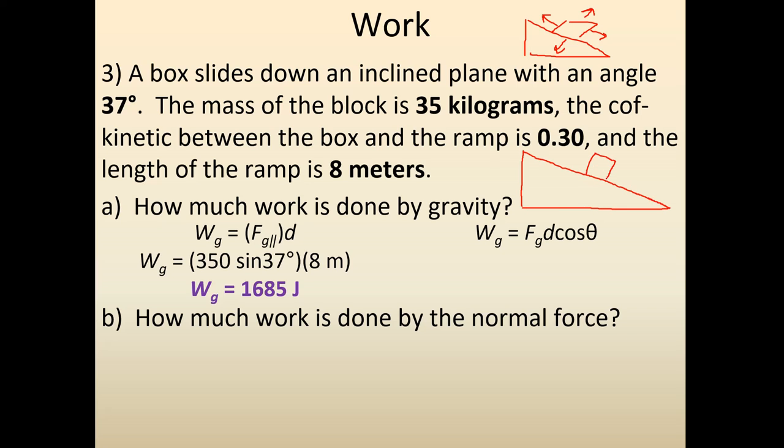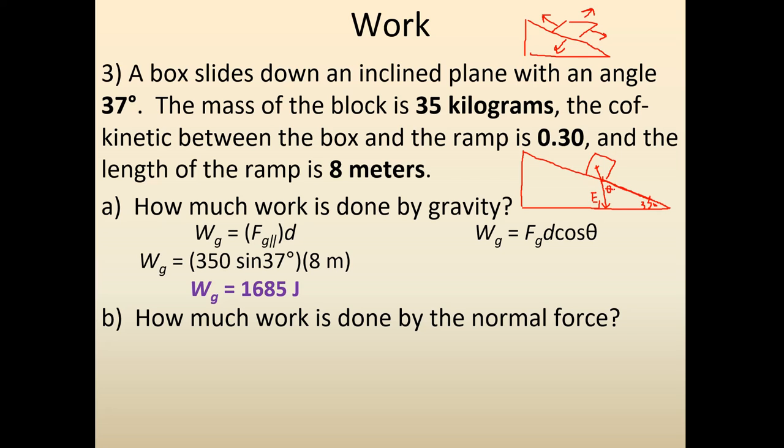So let me try to draw it a little bit better. And that was supposed to be extremely vertically down. Whatever. All right, so my displacement is going along the incline. So it's along this hypotenuse. This is 37 degrees. Theta is the angle between my gravitational force, which is acting vertically downward, and this hypotenuse.